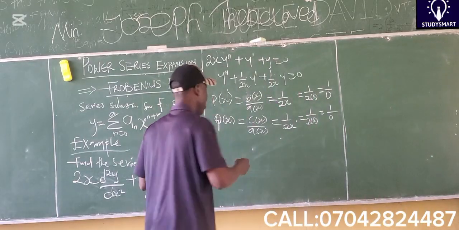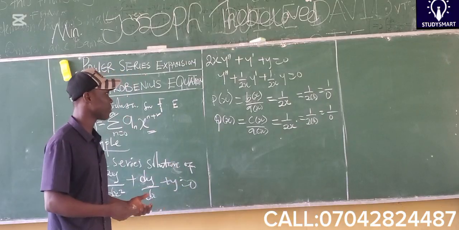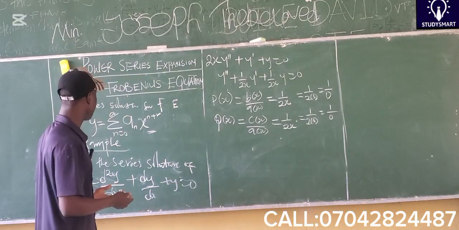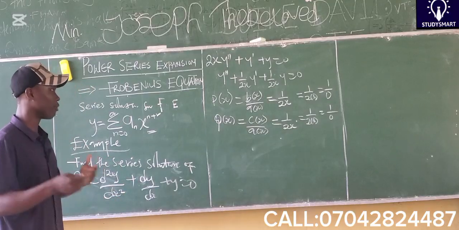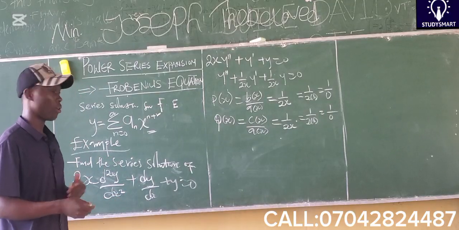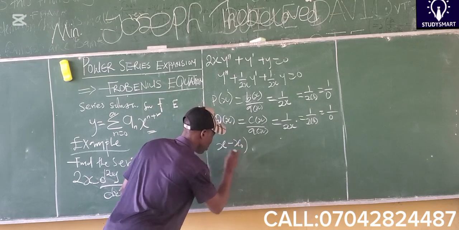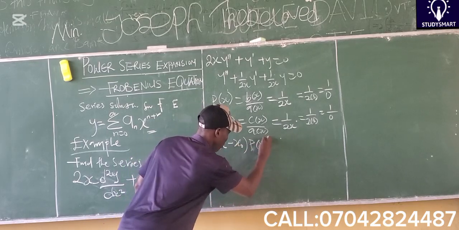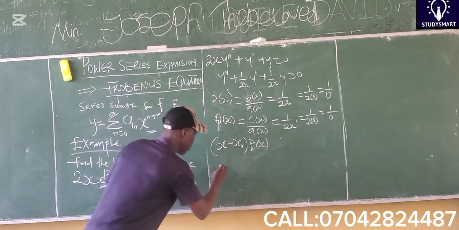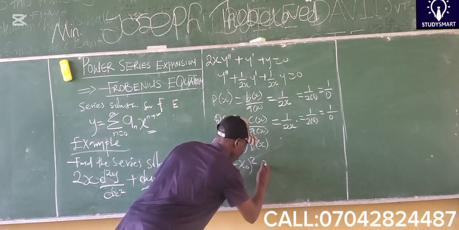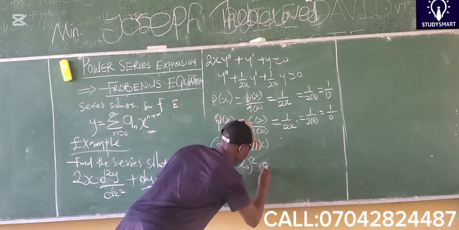We have the standard way of expressing this in terms of testing for an ordinary point and a singular point. So take note that we have x minus x naught times p of x, and then we also have x minus x naught all squared times q of x.